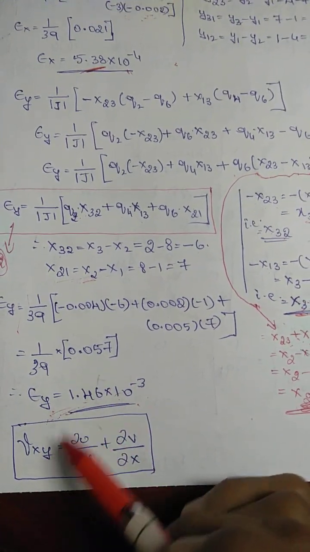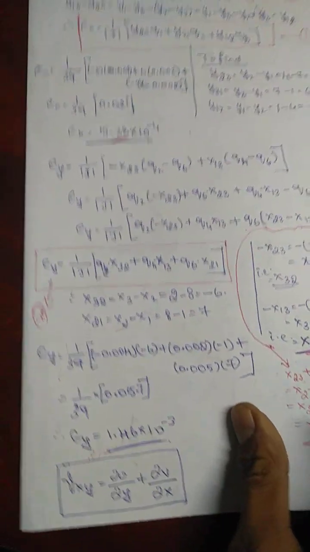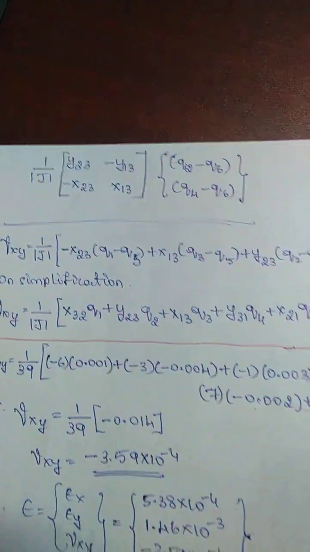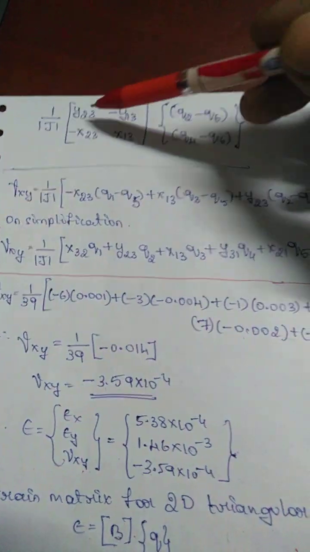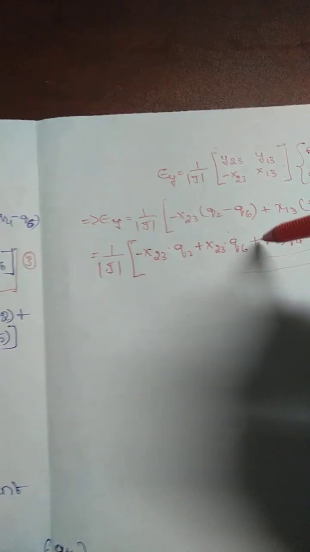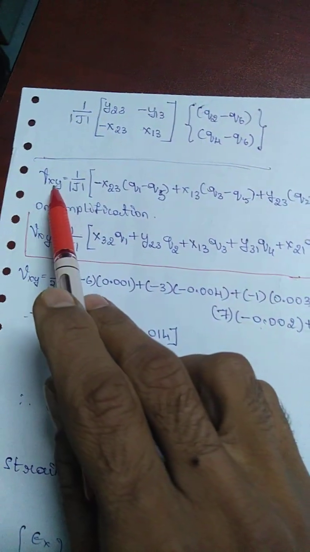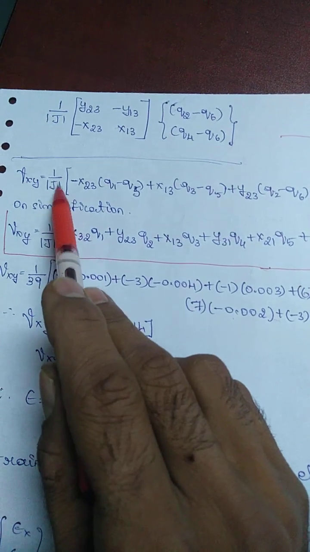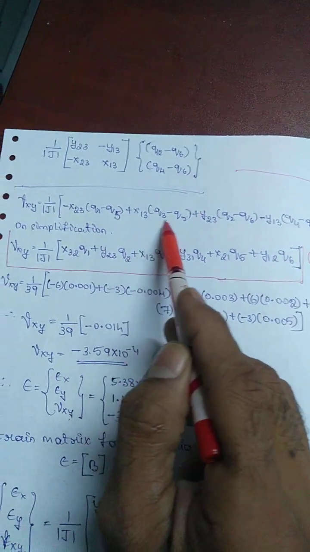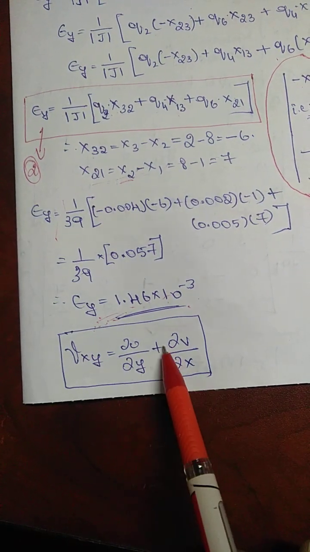Now gamma xy is equal to del u by del y plus del v by del x. For that, see, 1 by determinant J into this equation, for which I have shown you. Gamma xy is equal to 1 by determinant of J into everything you have to write, whatever terms you have received, because here the equation is del u by del y plus del v by del x.